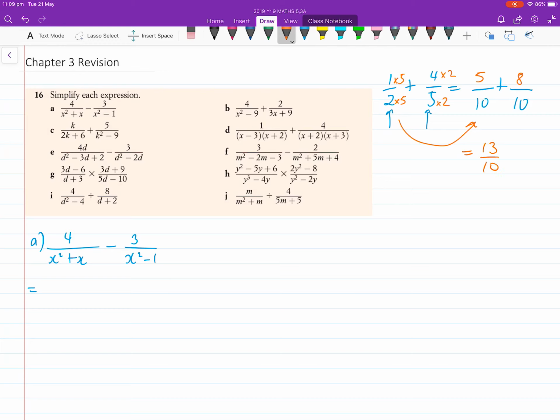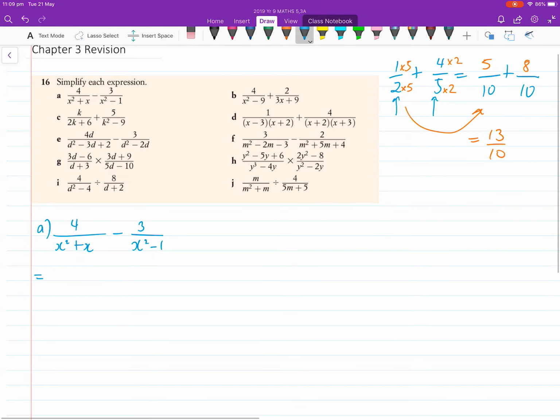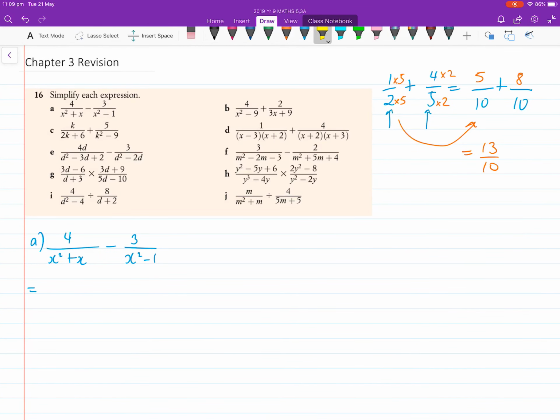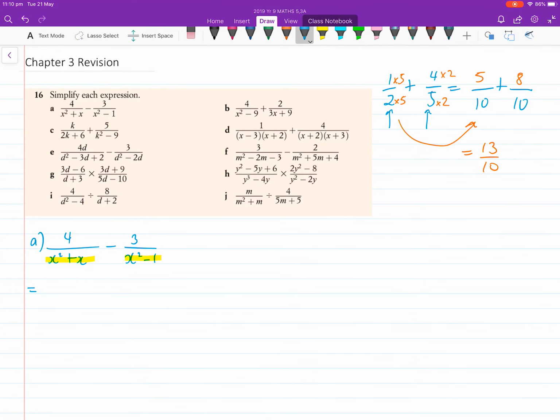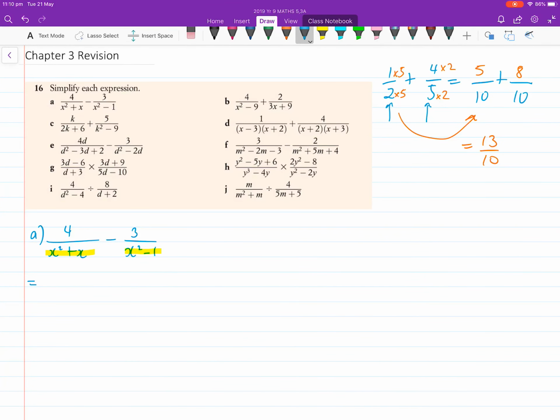Same idea here. So I need the lowest common denominator from x squared plus x and x squared minus 1. You can just multiply them together, just like we did the 2 times the 5 to get the 10. But it's better to be a bit clever and see if we can factorize to see an easier lowest common denominator.